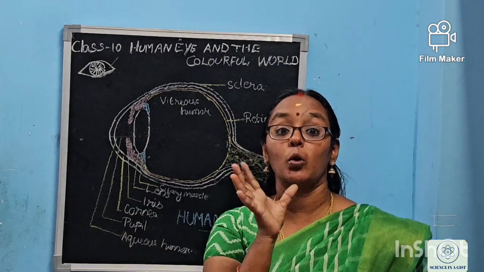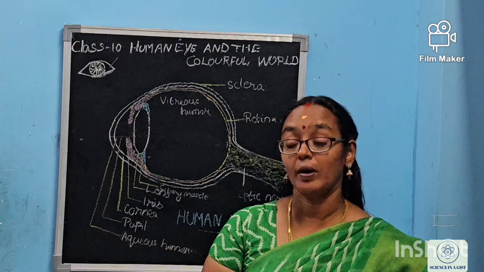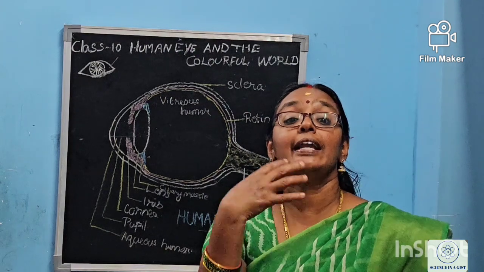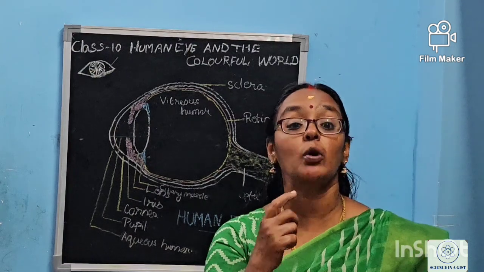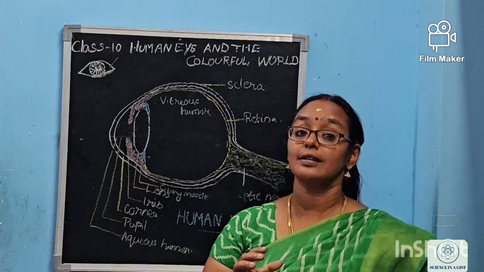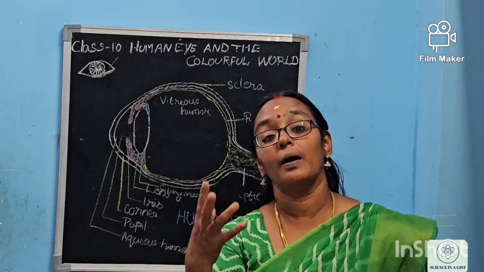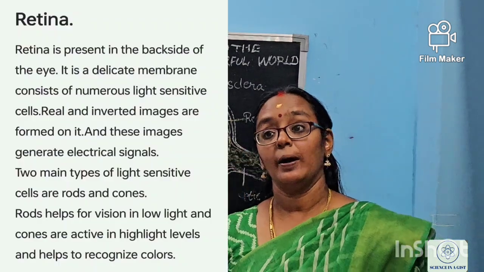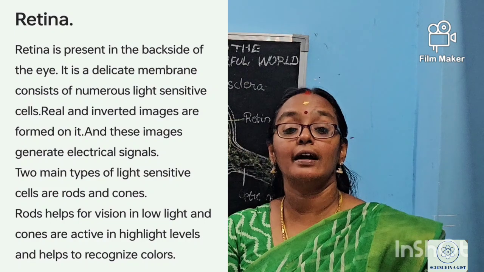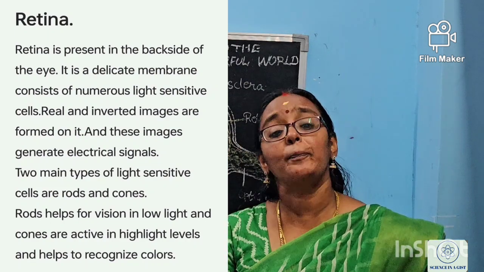What is the function of the rod cells? Rods. It enables us to see in dim light. What is the specialty of the cone cells? Cone cells enable us to see things when it is bright, and they help to see colors. This retina contains a large number of optic nerves.